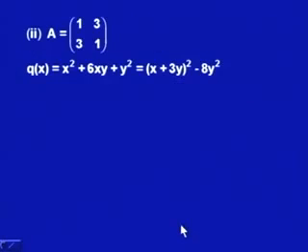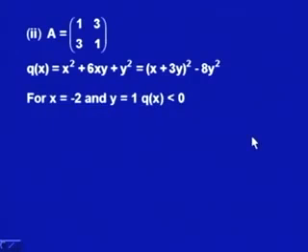It's positive definite. In the second example, I have this matrix, and corresponding to this matrix I have the form x square plus 6xy plus y square, and I write this form as (x plus 3y) whole square minus 8y square.